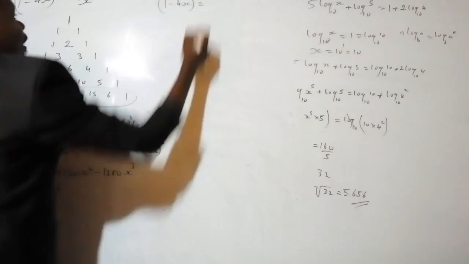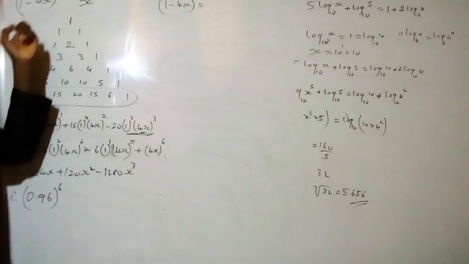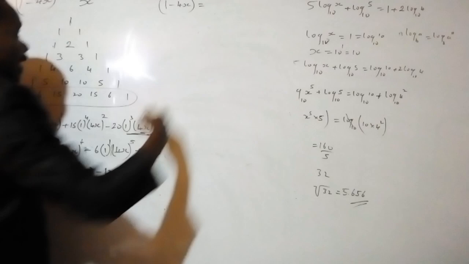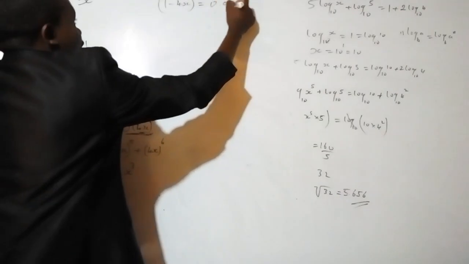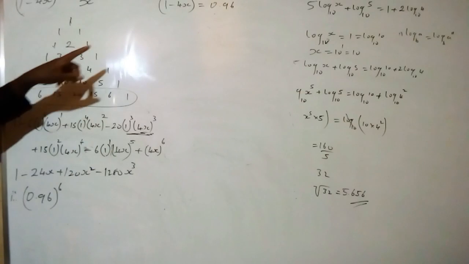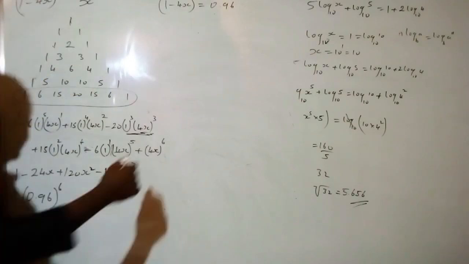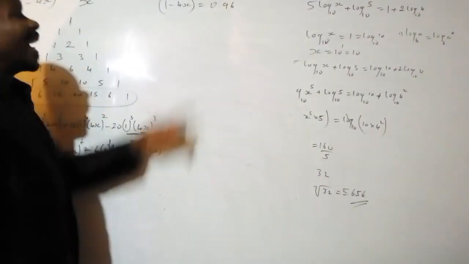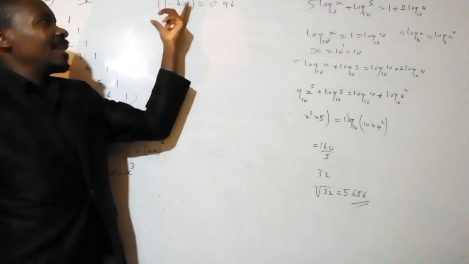Expansion, yeah, it's known as binomial expansion. 0.96, you equate with what you have been given here. 1 minus 4x raised power 6 is equal to 0.96 raised power 6. And since we want to open the bracket here, we cannot open with a power of 6.